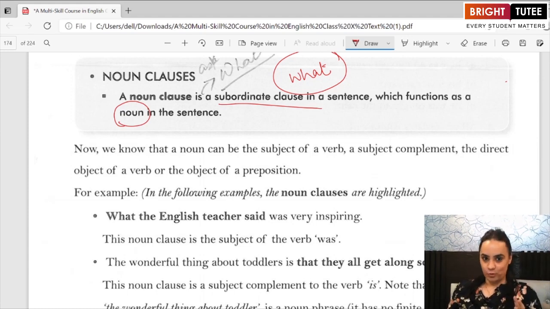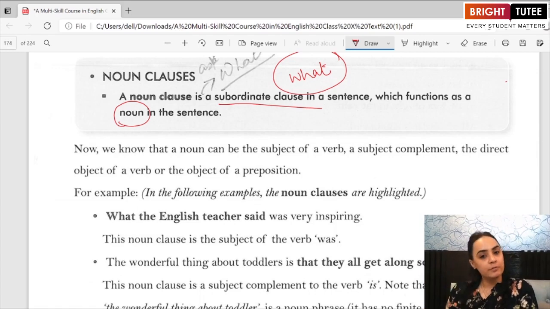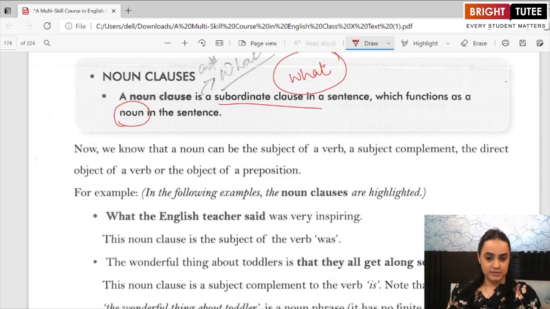Since a noun can be either in the subject or in the object, similarly, our noun clause can also be found either in the subject or in the object of the sentence. The only difference is that a noun is a single word, while a noun clause is a group of words that function as a noun. So this is what a noun clause is.